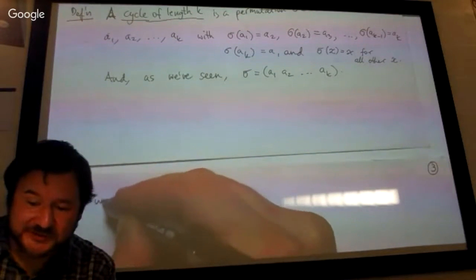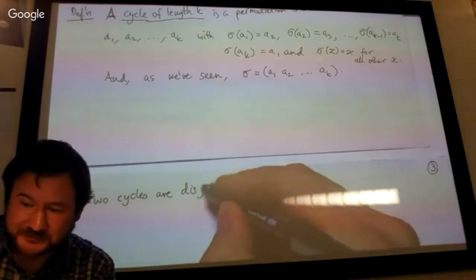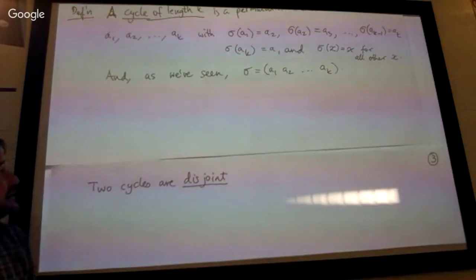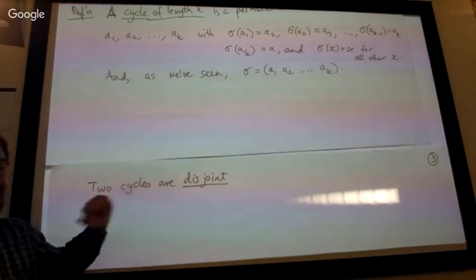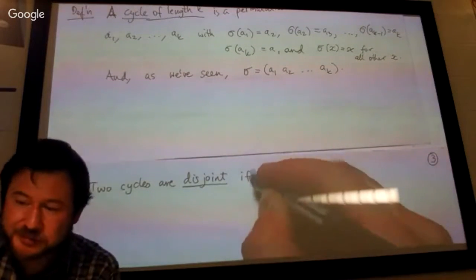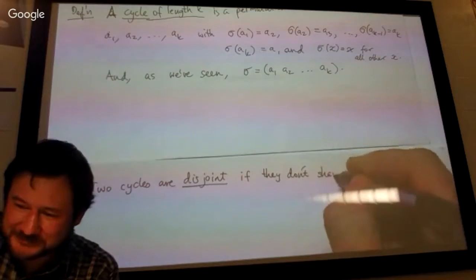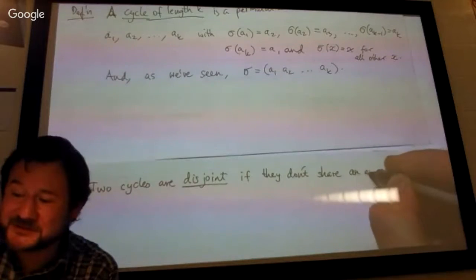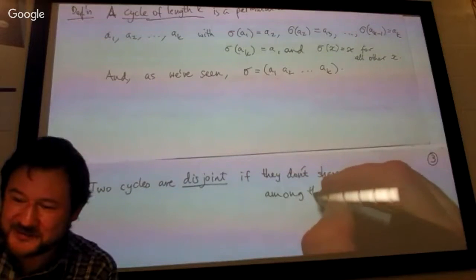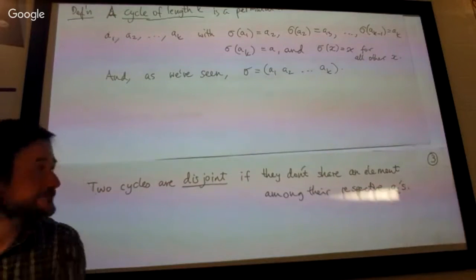So 2 cycles are called disjoint if the sets of the a_i's are disjoint, so if they don't share an element among their respective a_i's. This is a stupid way of formulating it. There's a better one in the book.